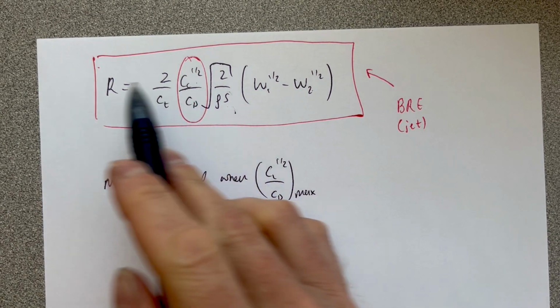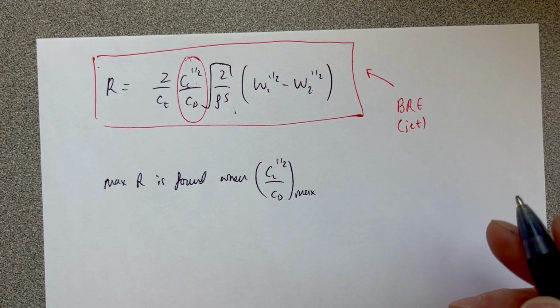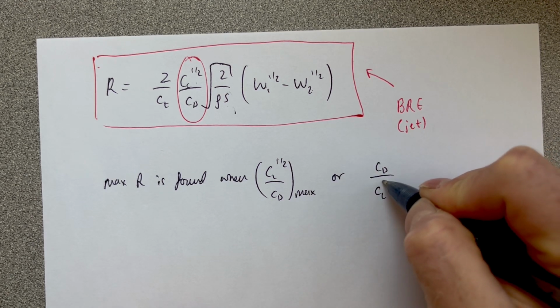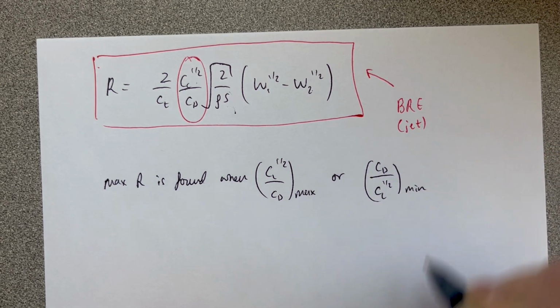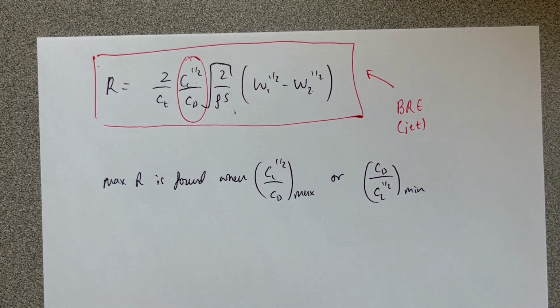So maximizing this term will maximize this. And that is mathematically equivalent to minimizing the reciprocal. All I've done is flipped it and minimized it instead of maximizing it.